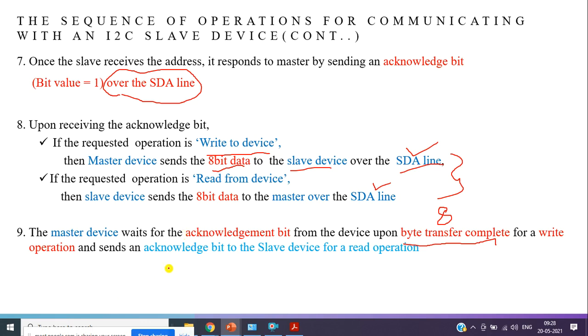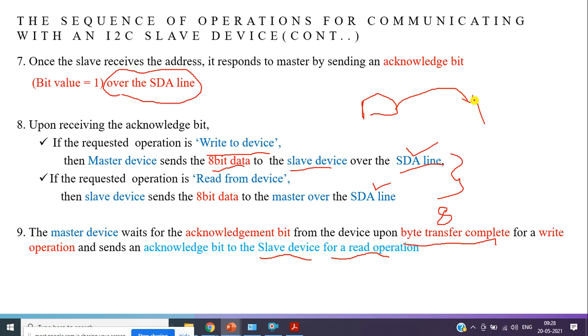Then once again, an acknowledgement bit has to be sent by the slave stating that yes, you have completed your job. Similarly, the master waits for the acknowledgement bit from the device upon transfer of the complete data. So that's the write operation, and it sends an acknowledgement bit to the slave for a read operation.